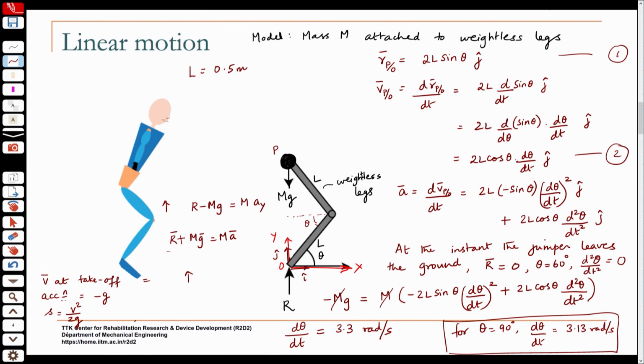So, for this particular case, if I take the condition theta equal to 60 and d theta by dt equal to 3.3, then I get s as 13 centimeters. So, you jump a height of 13 centimeters.